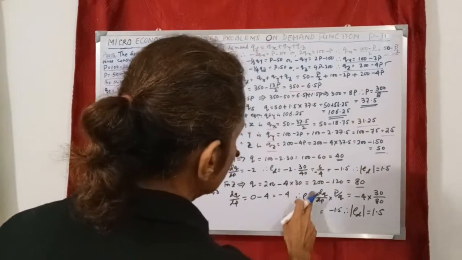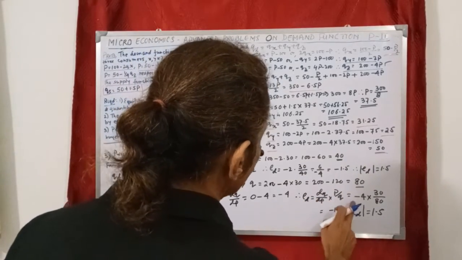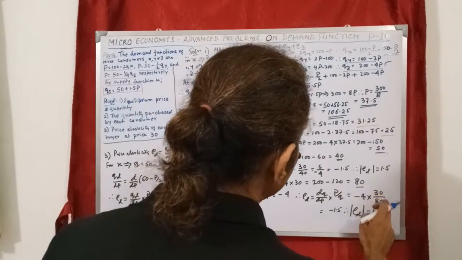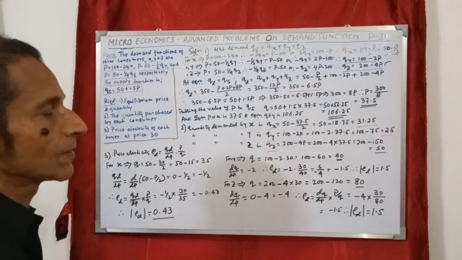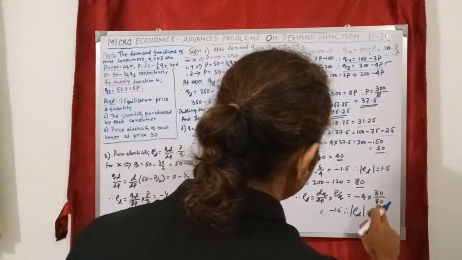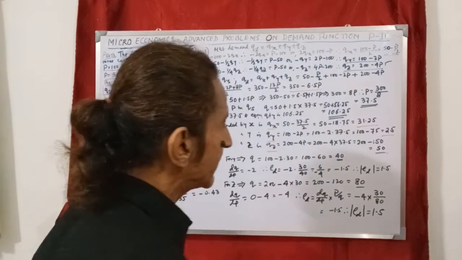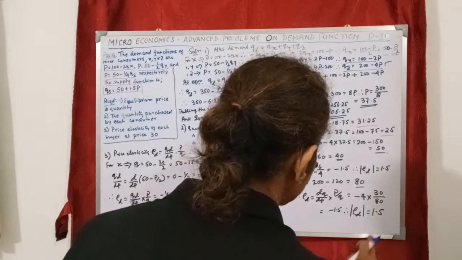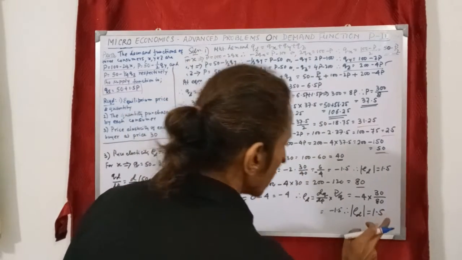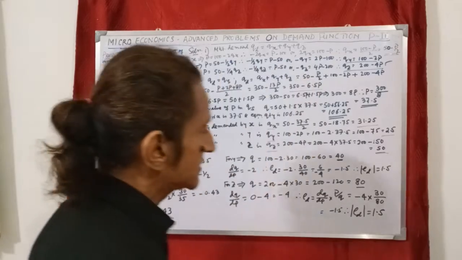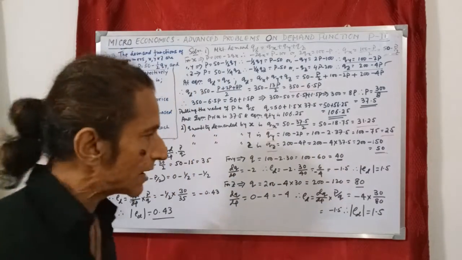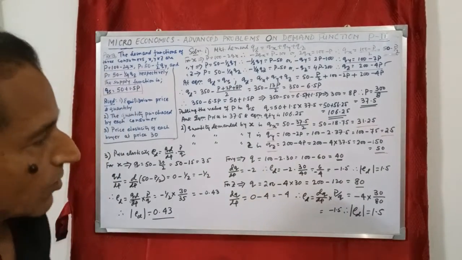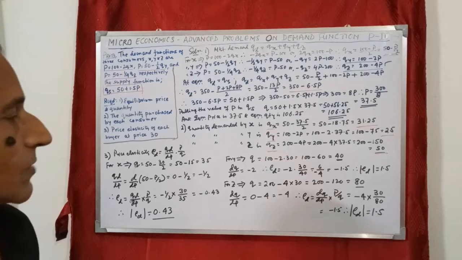ED equals dQ/dP into P by Q, that is minus 4 into 30 by 80, that is minus 120 by 80, which is minus 1.5. We always take the positive value of elasticity, although it is negative because the demand curve is downward sloping. But for all practical purposes and for solving numerical problems, we shall ignore the negative sign.